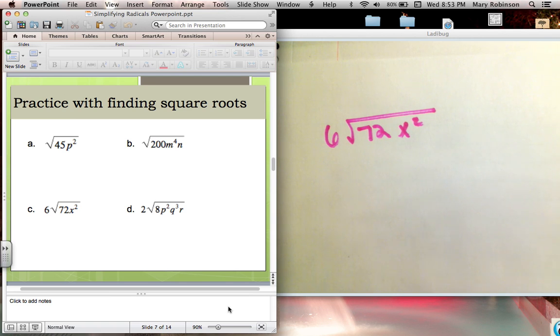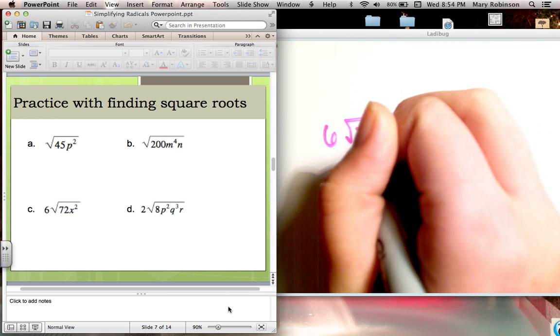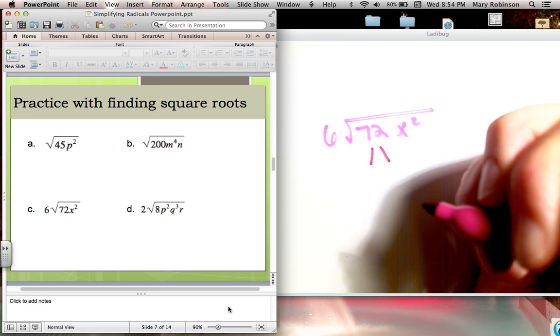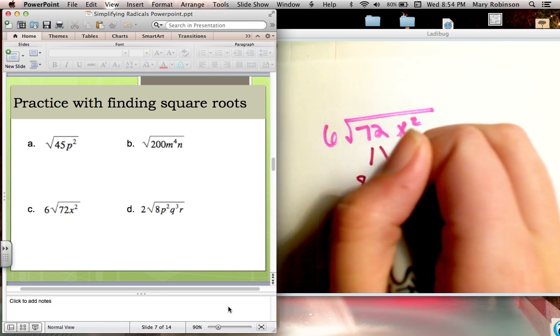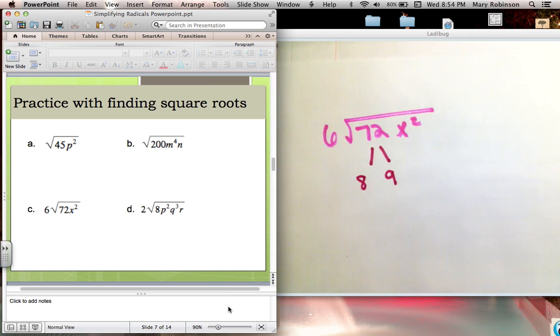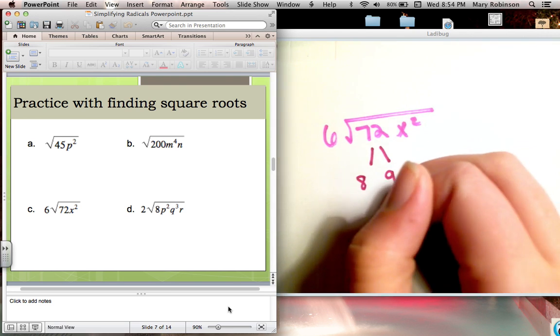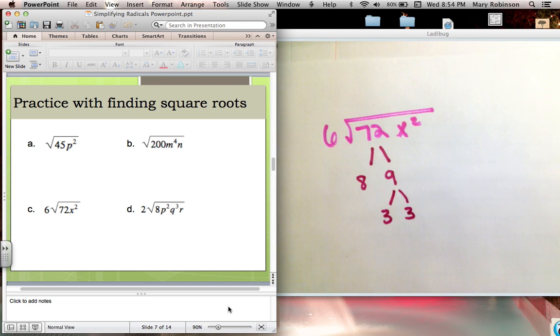So we actually leave the 6 on the outside and still continue to do the same process. We're going to break down our 72, which is 8 times 9. Notice we don't have any prime numbers, so we can break it down some more. 9 breaks down to 3 and 3. Those are both prime numbers.